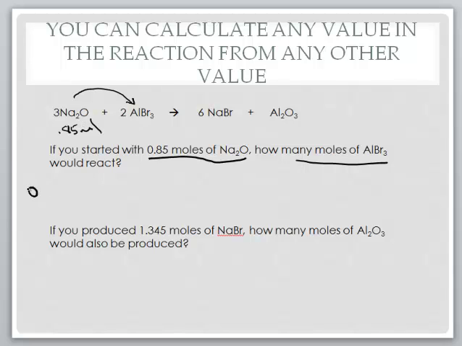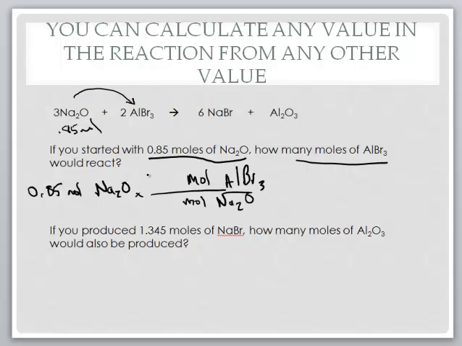So we're going to start with 0.85 moles sodium oxide. Again, conversion, what we start with always goes in the denominator. What we're trying to find in terms of moles goes in the numerator. I've got to work on my handwriting with this thing.